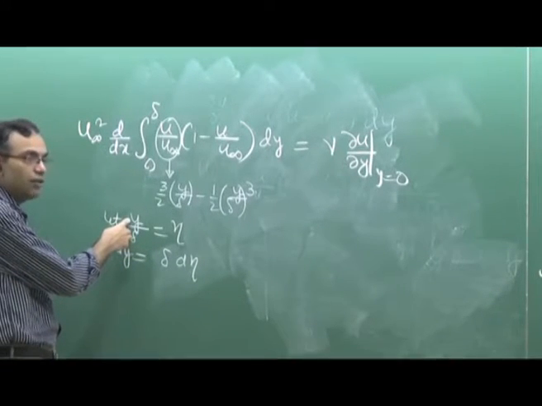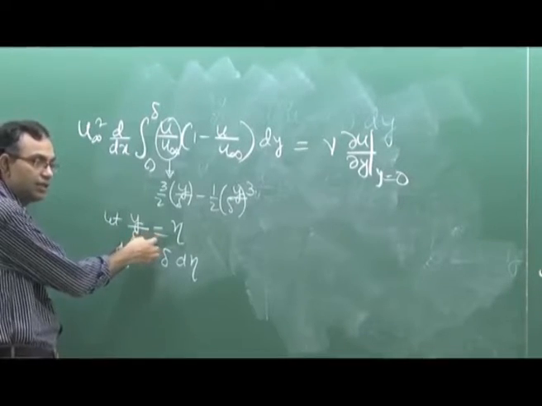Because when you are differentiating y at a given x, this is the variable that is changing, eta is changing.